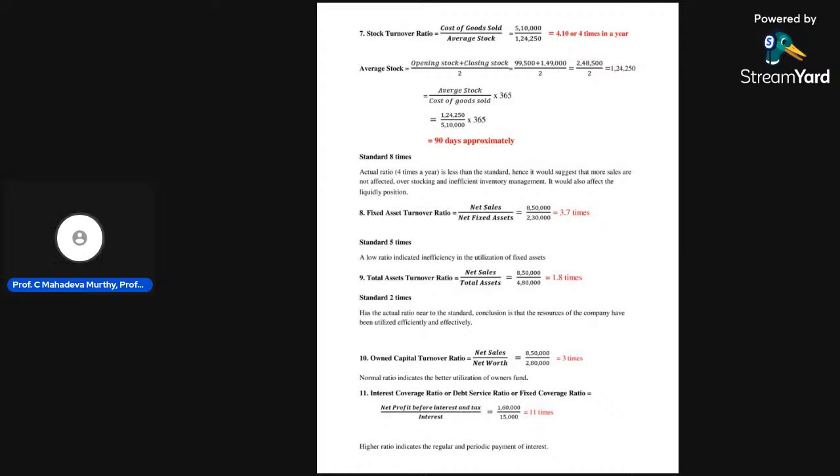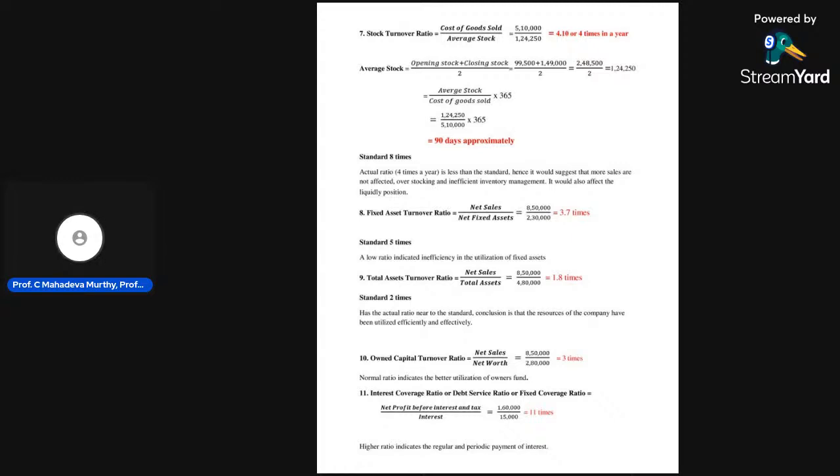Average stock is equal to opening stock plus closing stock divided by 2, as we already explained. Here cost of goods sold is 5,10,000, as seen in the income statement.